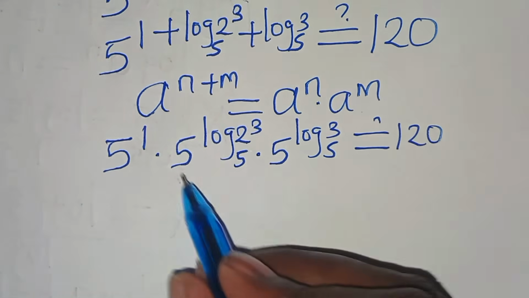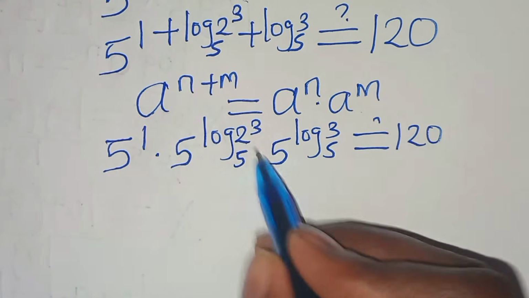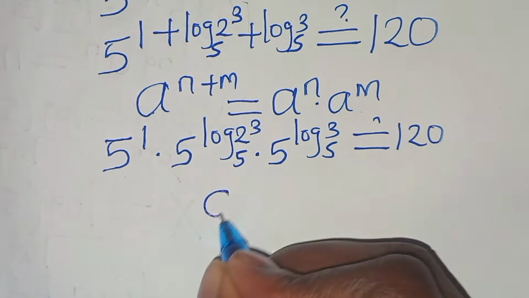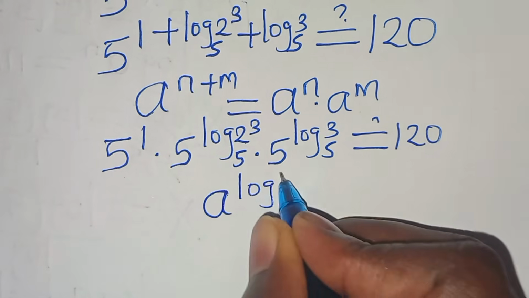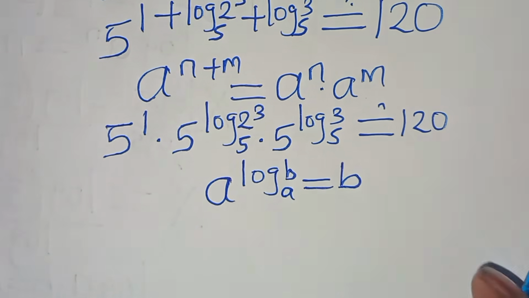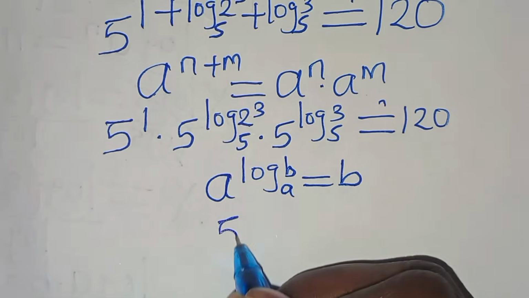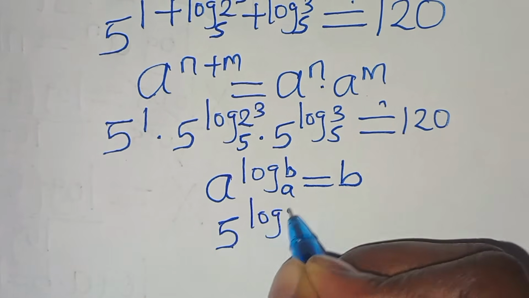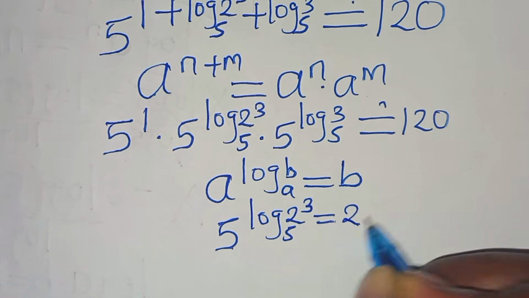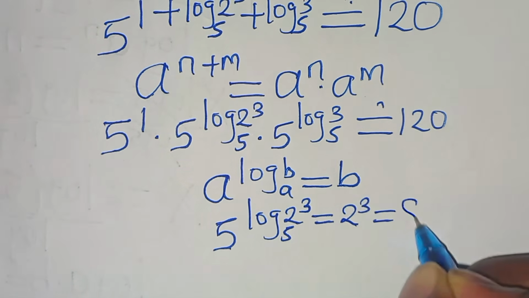So we have 5 to the power of log 2 to the power of 3 to base 5 and 5 to the power of log 3 to base 5. This is in the form of a to the power of log b to base a, which essentially is supposed to give us a value of b. So 5 to the power of log 2 to the power of 3 to base 5 should give us a value of 2 to the power of 3, which is equal to 8.